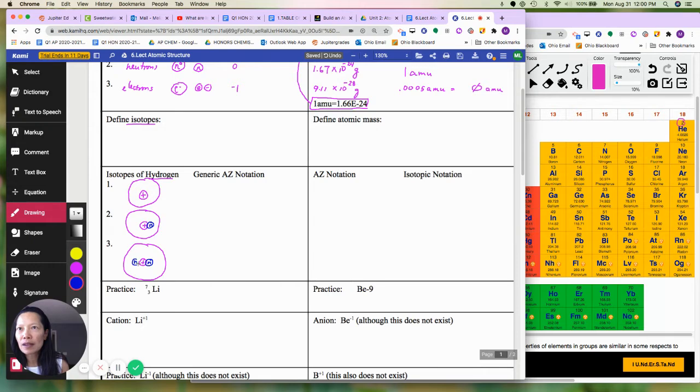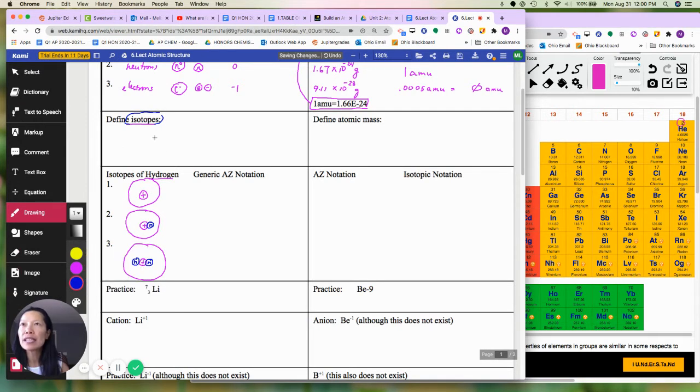So as you can see, these are all hydrogen atoms. They all do exist on Earth, but they're very different. The difference is they have different numbers of neutrons and they have different mass. These three atoms are called isotopes of hydrogen.